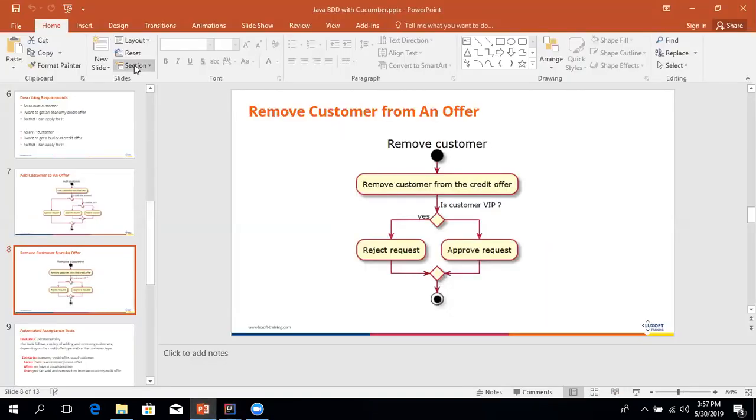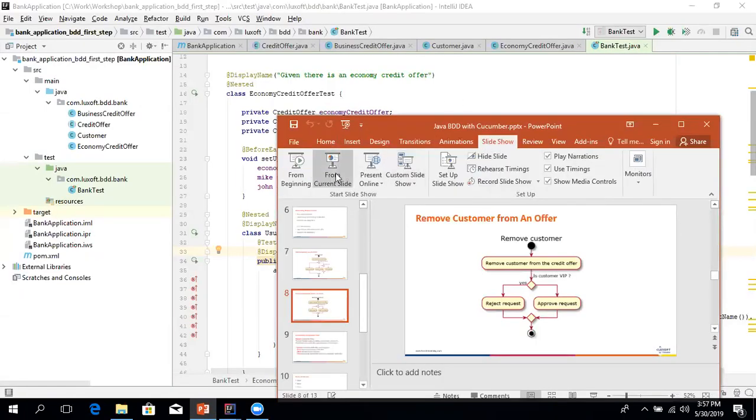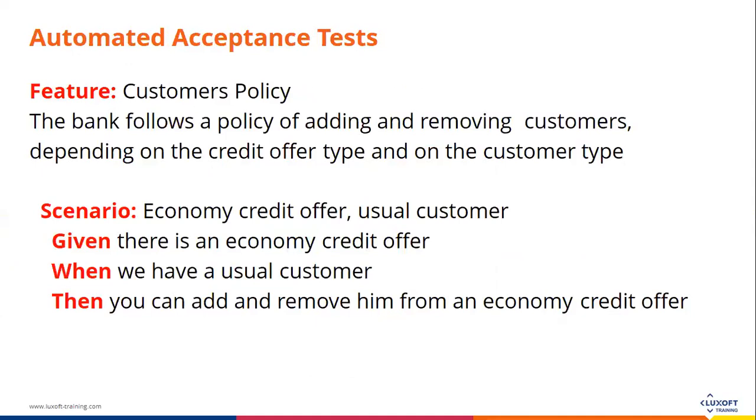And if we go back here, we see that this is a way to write automated acceptance tests. In general, we have a feature where we describe what we would like to implement. It says customers policy.